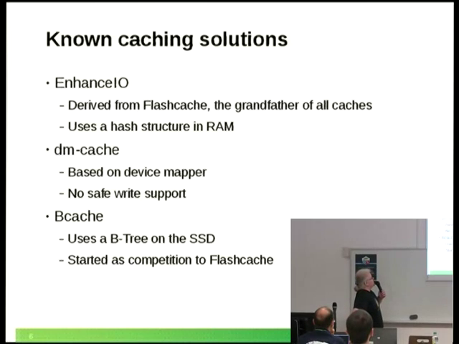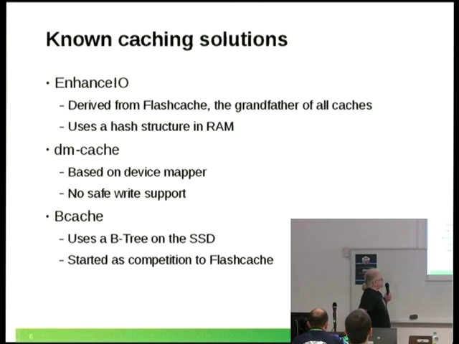We have Enhanced I/O, which is derived from Flashcache, which was the first solution written by Facebook. Enhanced I/O is rewritten and now is read-write instead of read-only. And when it was still read-only, it generated, as is often the case, a rival project called Bcache.